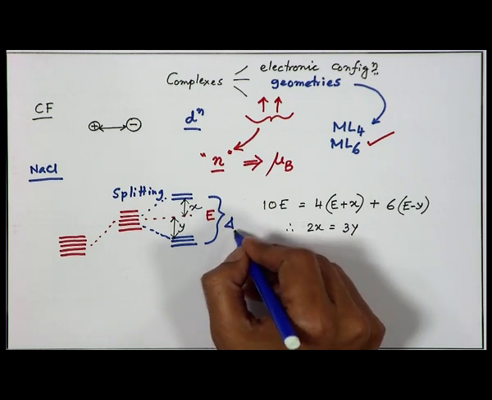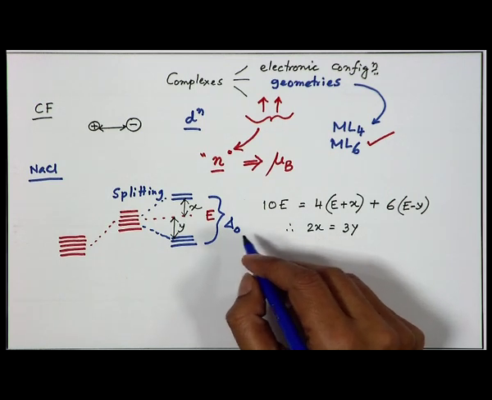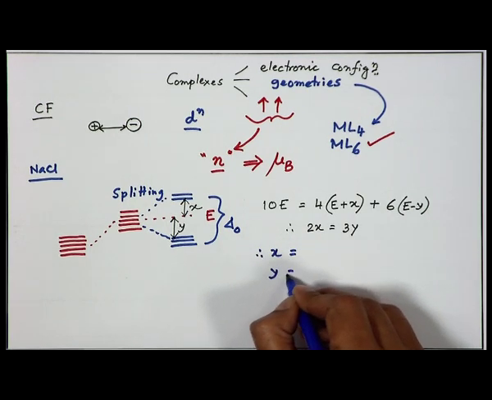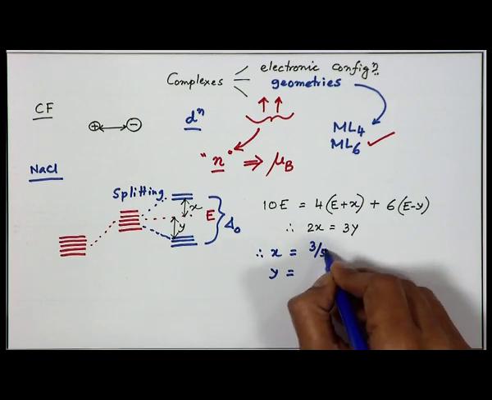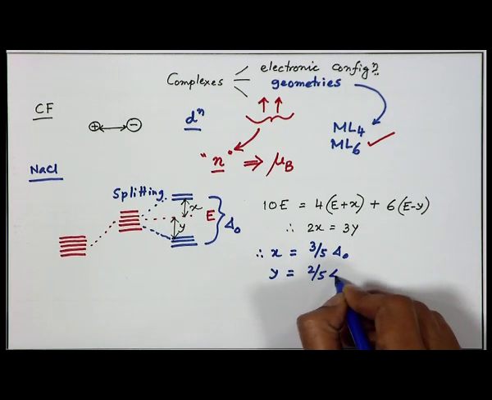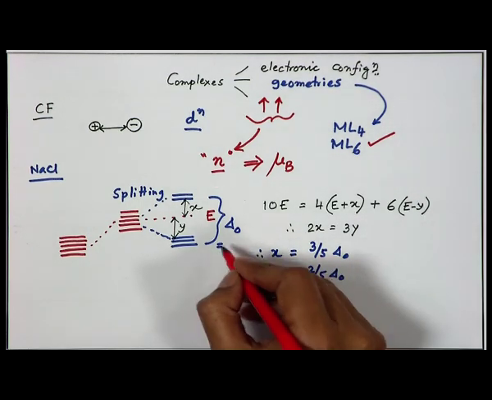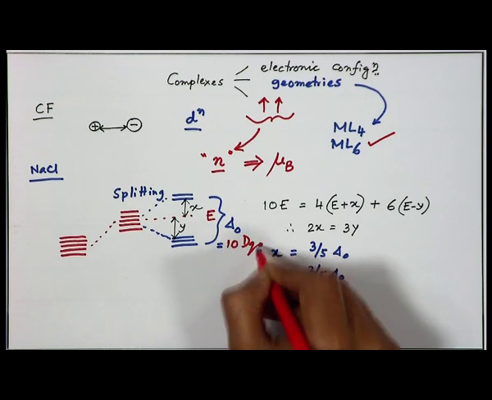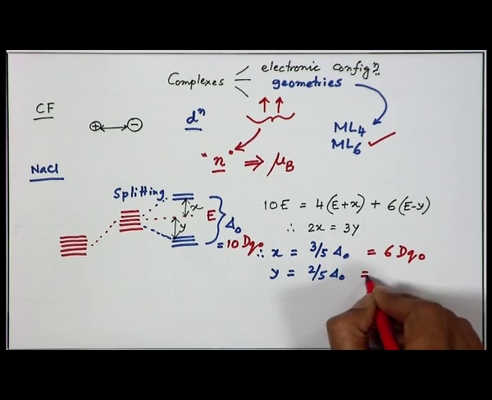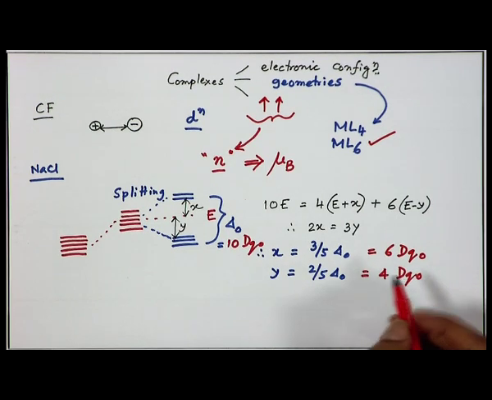This crystal field splitting in octahedral geometry is delta O. Therefore, we get the magnitude of x as 3/5 of delta O and the magnitude of y as 2/5 of delta O. Sometimes we also write delta O as equivalent to 10 Dq, so x will be equal to 6 Dq and y will be equal to 4 Dq. These are the magnitudes of these separations.